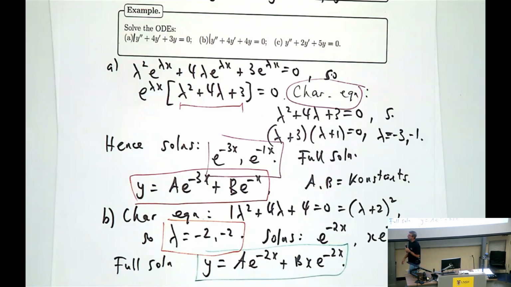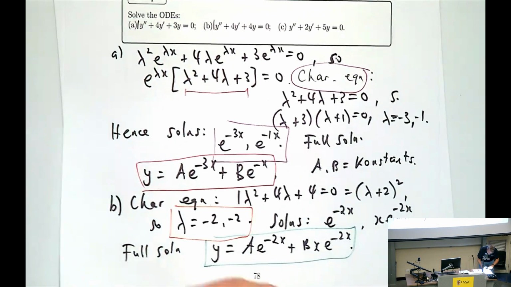All right. For the third one, part C, we're going to get complex valued solutions for our characteristic. Okay? So let's just note that.